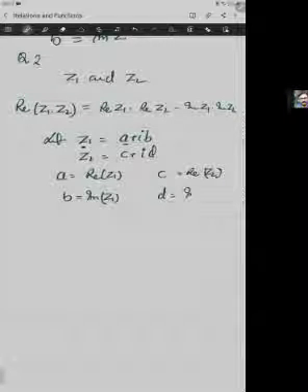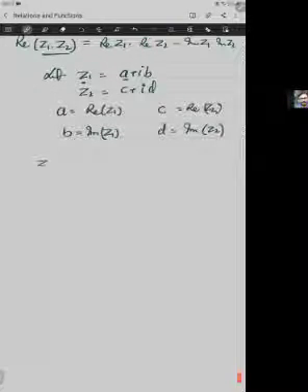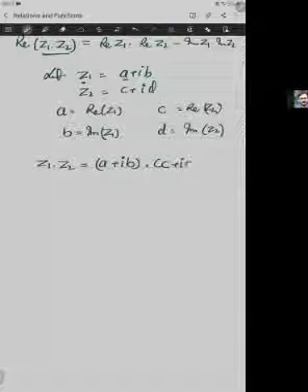D is the imaginary part of Z2. Now, as per the question, we want Z1 into Z2. So let us go for that. A plus iB into C plus iD.